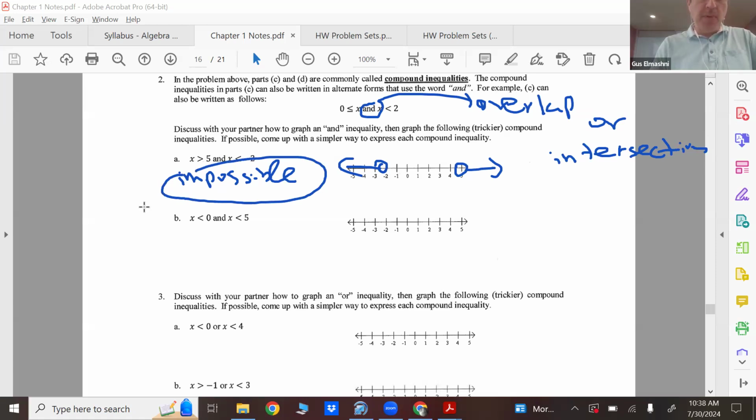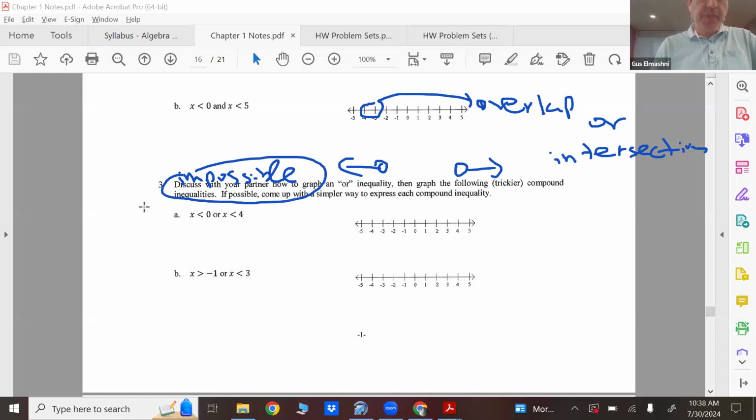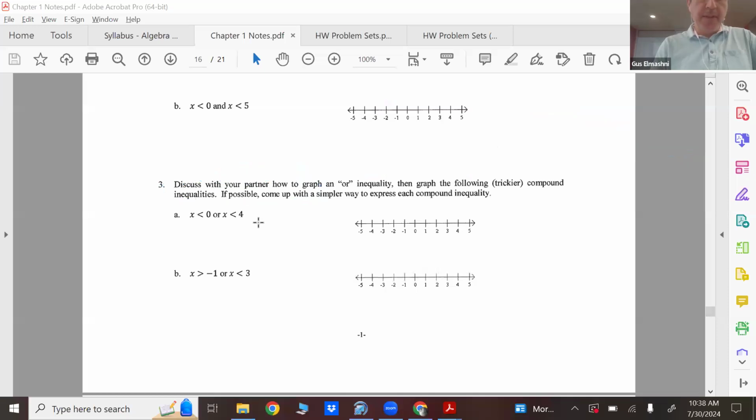Now, example 3 talks about the "or" situation. I'll give you less than 0 or less than 4. So it's one or the other, not both. So if I put 0 here, actually, it could be both. I take it back. This is going to be a combination.